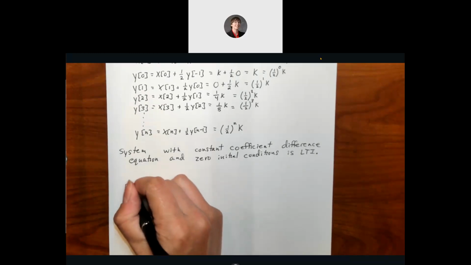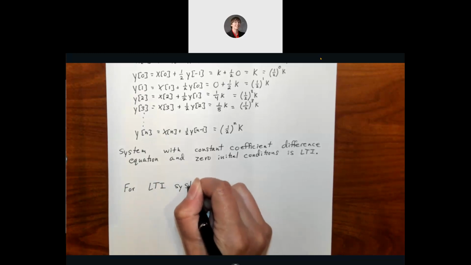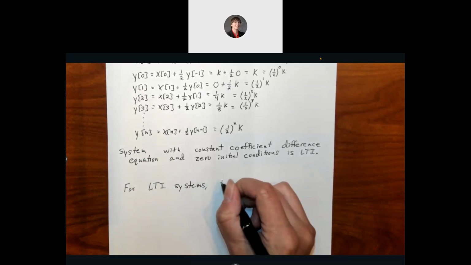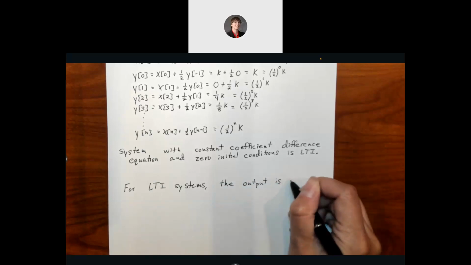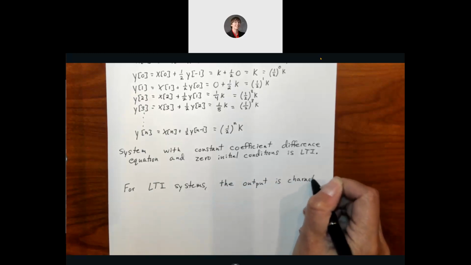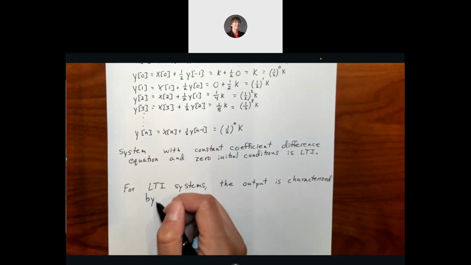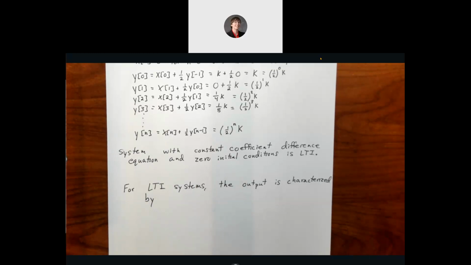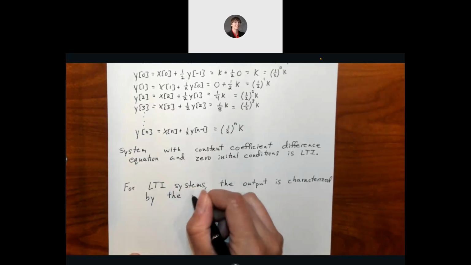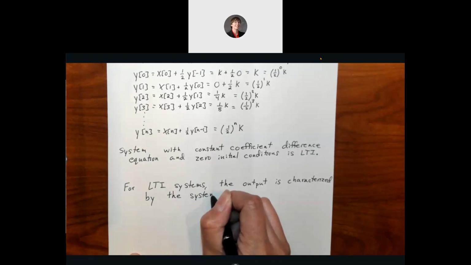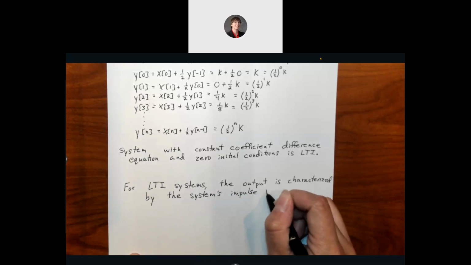But it turns out that if you have an LTI system, then the output is characterized by a special characteristic unique to LTI systems, which is referred to as the system's impulse response.